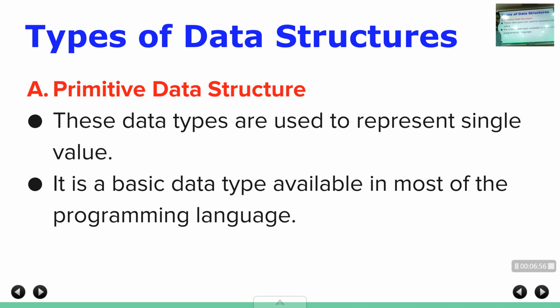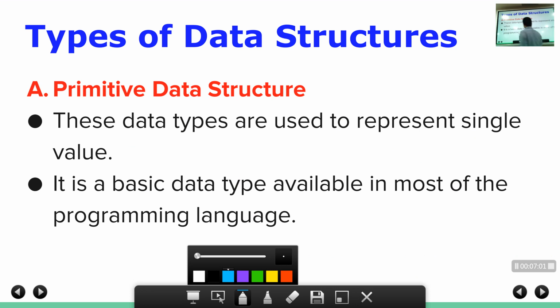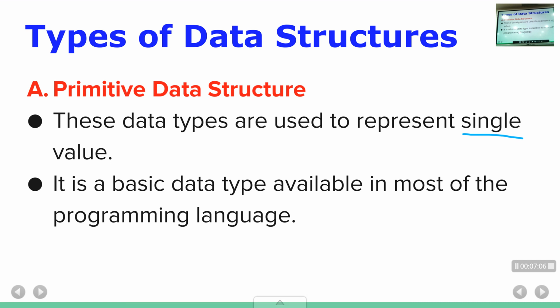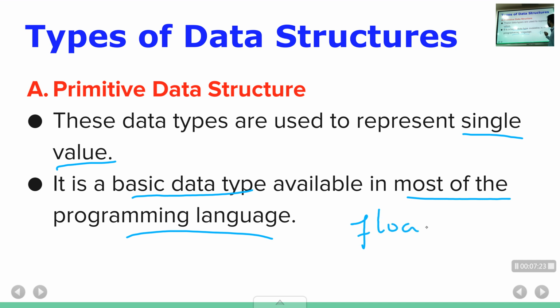Let's look at the definitions now. Primitive data structures. These data types are used to represent a single value. Okay, it is a basic data type which is possible in most programming languages. Examples are floating point, integer, character and so on.